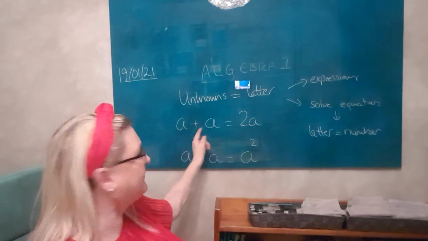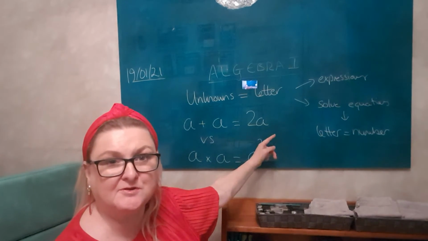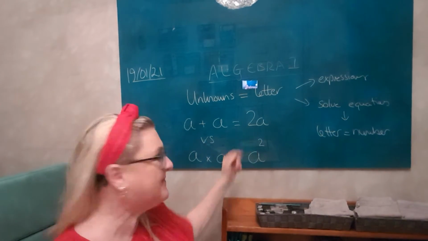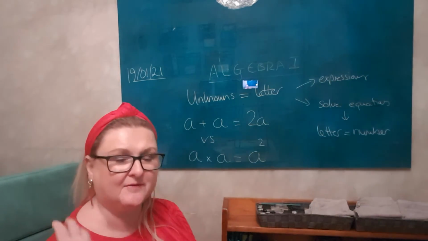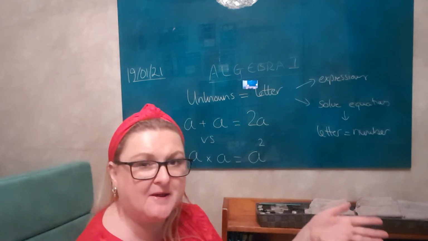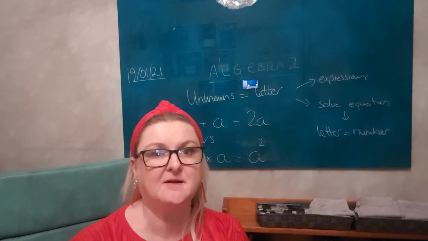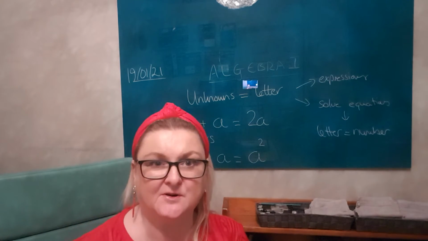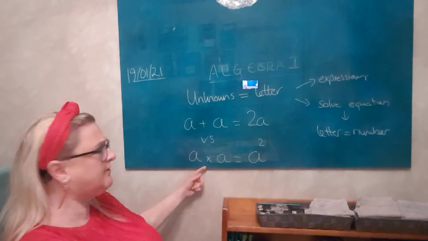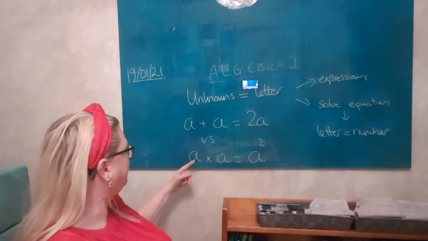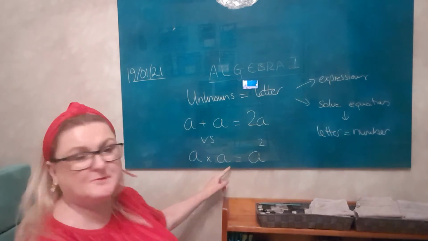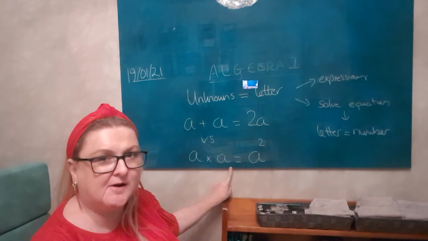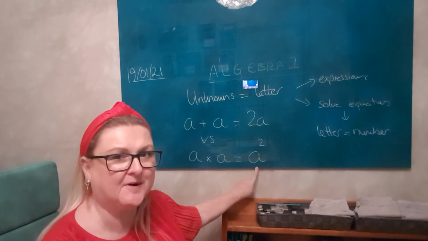So, apple plus apple equals 2 apples, okay? That makes tautological sense, right? And if you remember the easy bit, the harder bit doesn't make as much sense, okay? So, if we come to this one, for example, if we change the operator and we do apple multiplied by apple, we get apple squared, right?